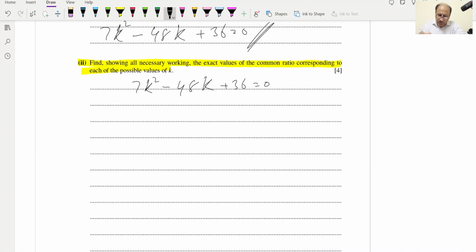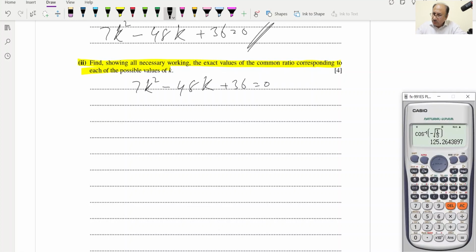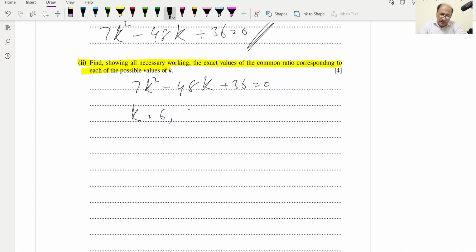This is a quadratic equation in terms of k. Using the mode 5 3 calculator, 7, then minus 48, and then 36, we will get 6 and 6 by 7. So the k value will be equal to 6 and 6 over 7.